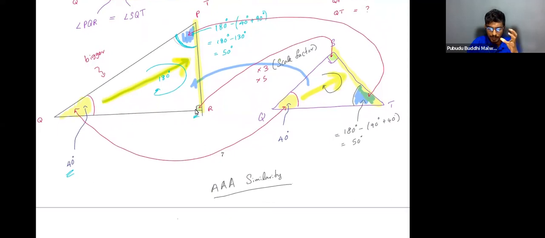So to get PR, you should multiply ST by a certain value. I think that's very obvious because PR is the bigger length, ST is small.